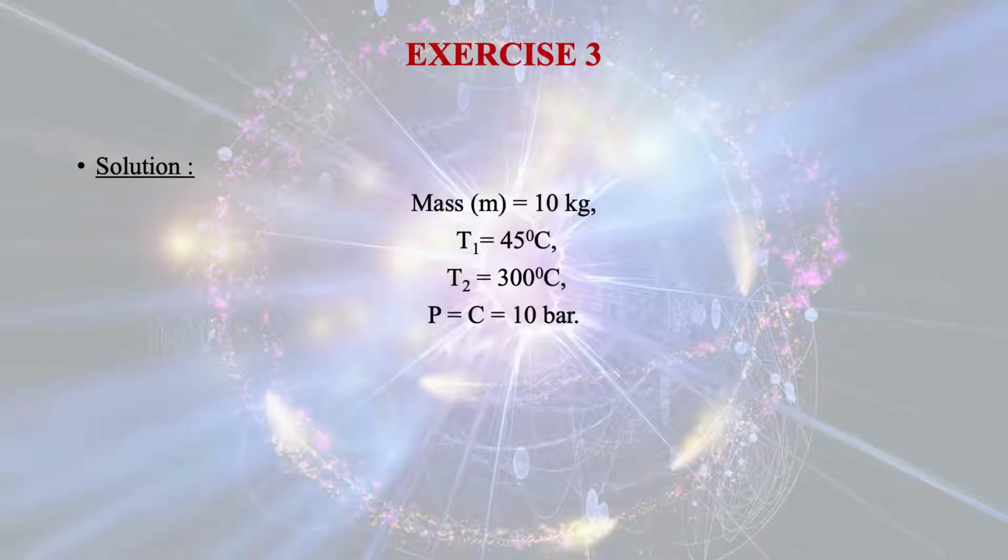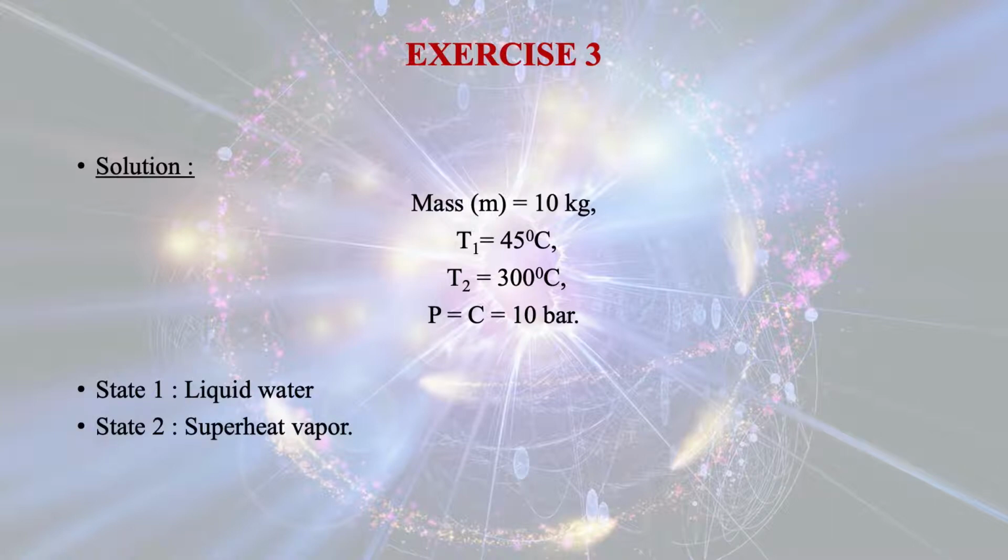For this problem, let us see how we can proceed. Let us see what is given: mass is given as 10 kg, T1 is given as 45 degrees centigrade and T2 is 300 degrees centigrade, and pressure is constant, that is 10 bar. Initially, at state 1 it was in liquid state, and finally obviously it will be superheated vapor as per the given conditions.